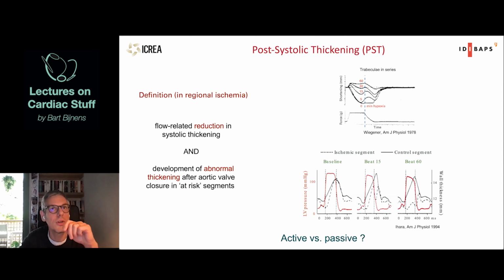Now, one thing to remind you is to keep in mind that many of these experiments, especially the oldest ones, are not necessarily in a full physiological setting. As I told you before, the pericardial constraint is very important in order to keep the full geometry of the heart.